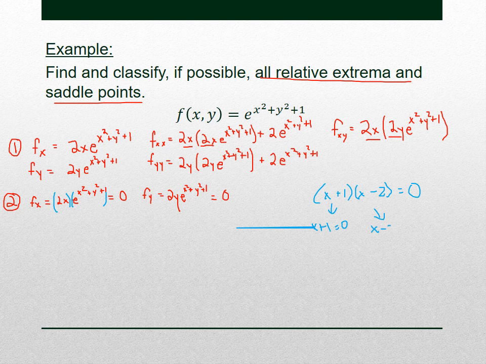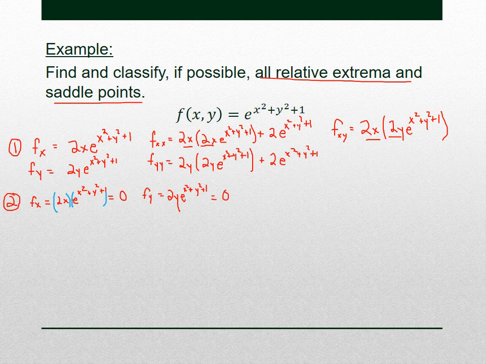Well, we set each one equal to 0 by themselves. Remember something like that, hopefully? And we're going to do the same thing here, where the two things that are being multiplied are 2x and e to the x squared plus y squared plus 1. So this is that same train of thought.